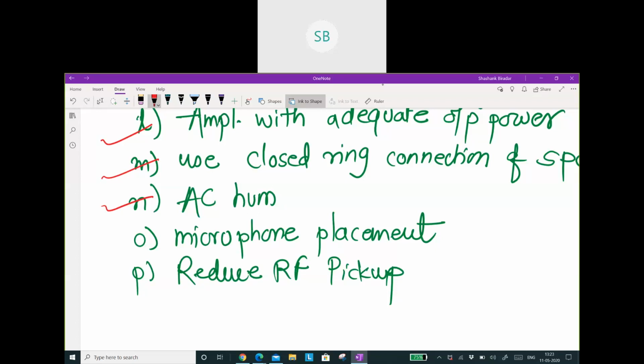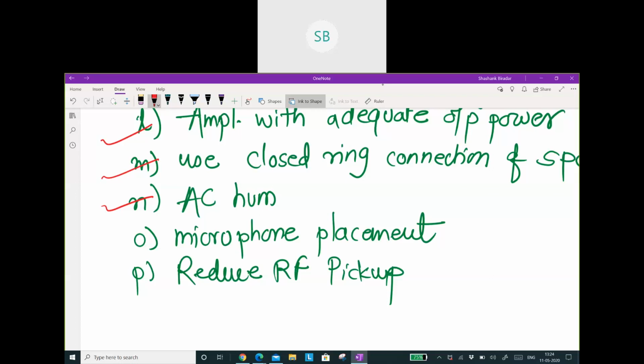To reduce AC hum, the lead wire for the microphone should be kept as short as possible. If it is not possible to shorten the microphone wires, then at least they should not run parallel to the AC wires. Understood? Proper shielding and isolation should be taken care of.